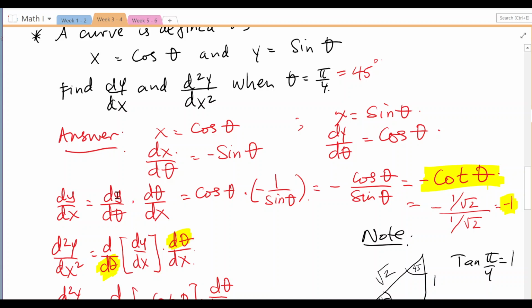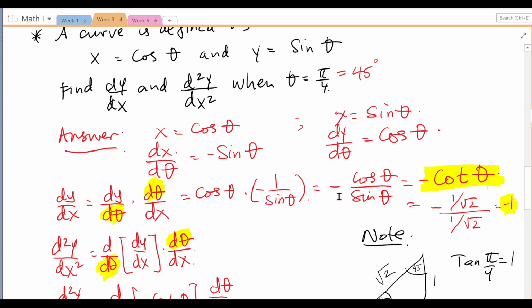To find dy/dx, just like before, we need to multiply these two, which is the chain rule, dy/d theta multiplied by d theta/dx. Again, I will just highlight that this d theta can get cancelled, so the expression is still dy over dx. So dy/d theta is cos theta, and d theta/dx is negative 1 over sine theta, because it is the inverse, the flip.